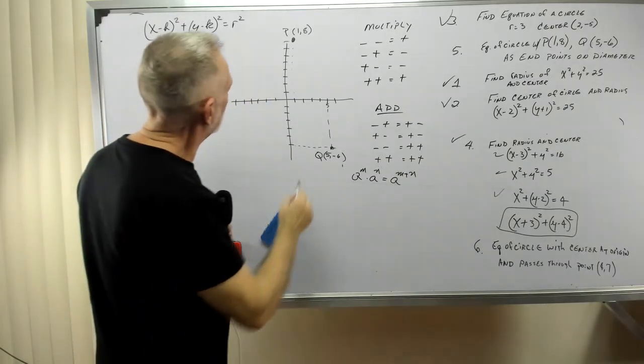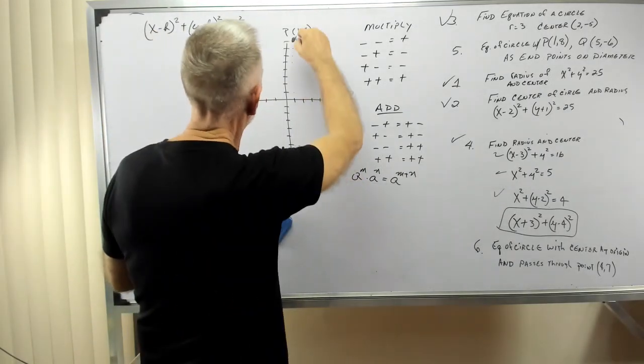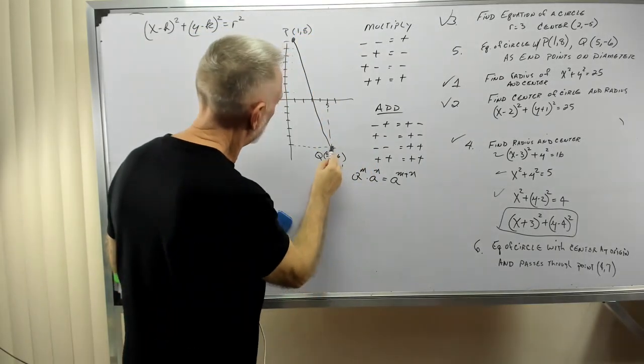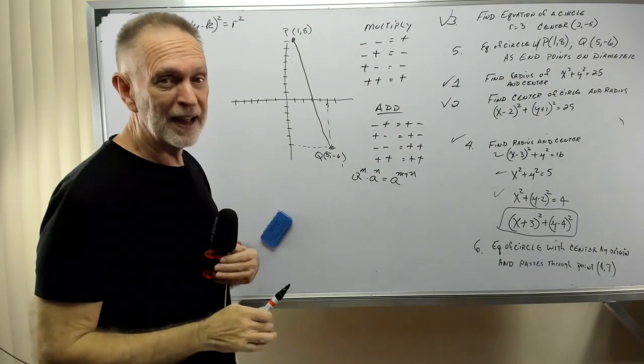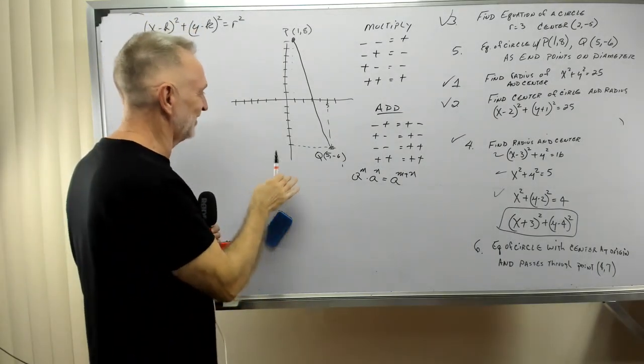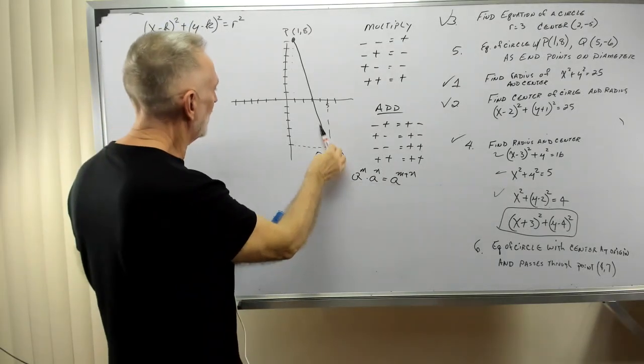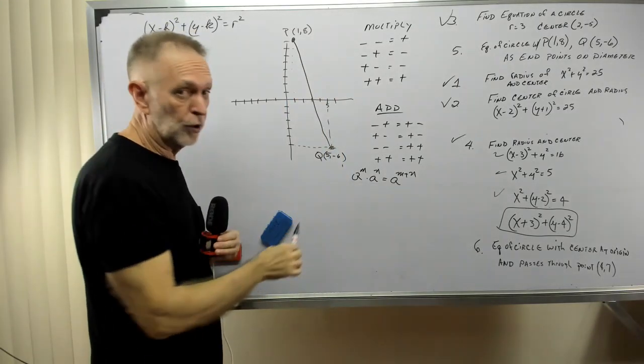What they're saying is, if I can draw a straight line here, you have to have a little bit of an imagination with my graphic skills, it represents a diameter.